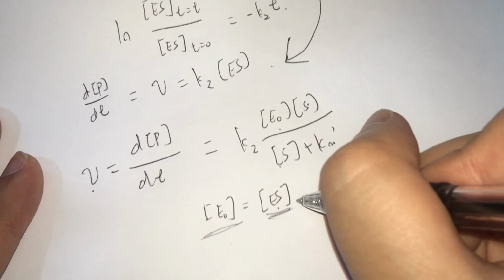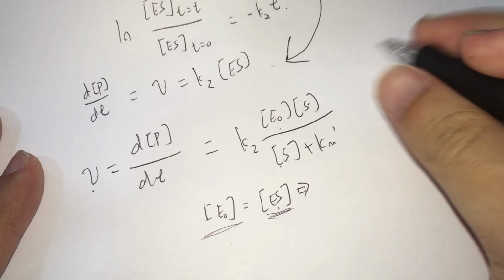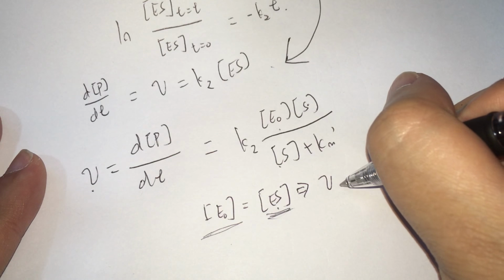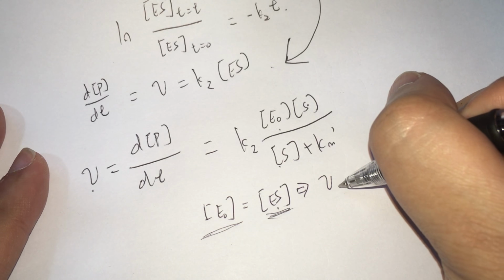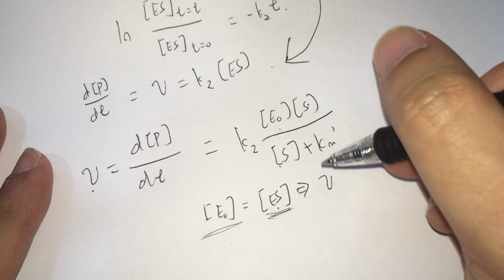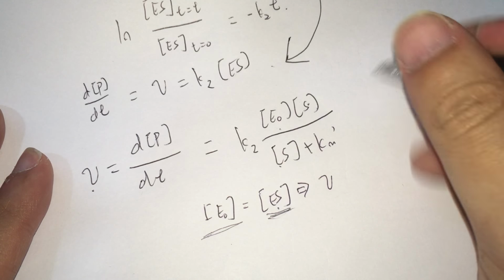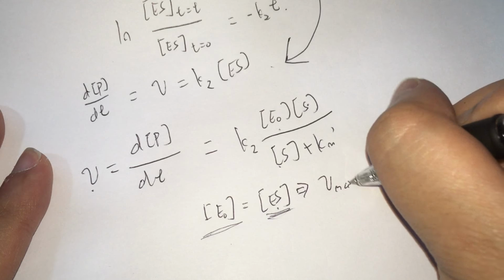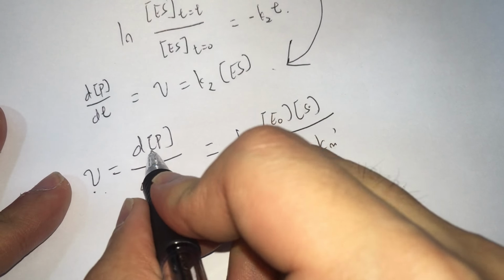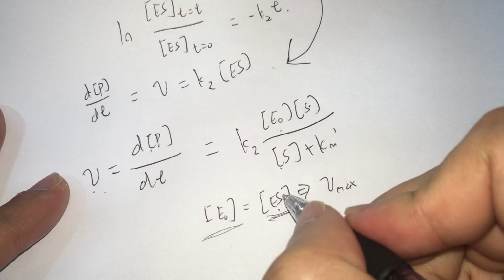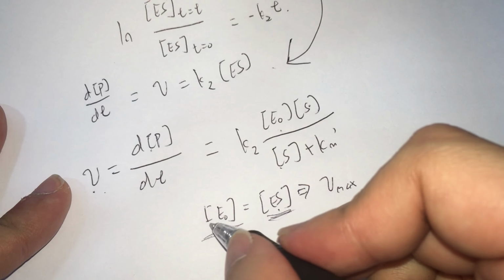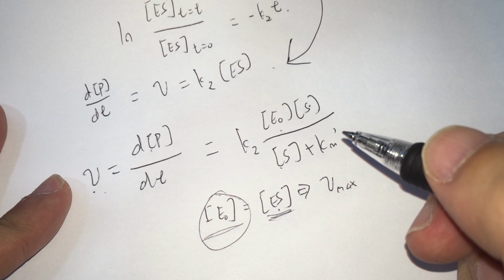Well, what would that mean? This means that if everything is becoming an enzyme substrate complex, the rate of production of P will be very fast, because that is when the ES concentration is the highest. And this is of course the highest it will ever go.